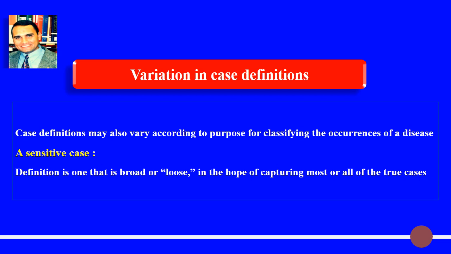The veterinary authorities or medical health authorities use what is called a sensitive case definition. A sensitive case definition is one that is broad or loose in the hope of capturing most or all of the true cases.